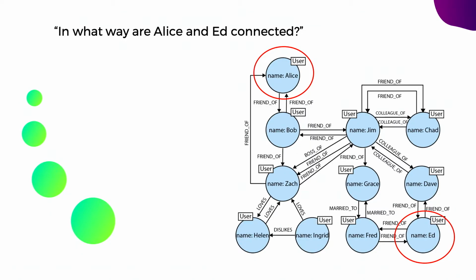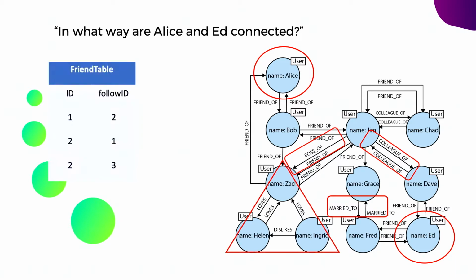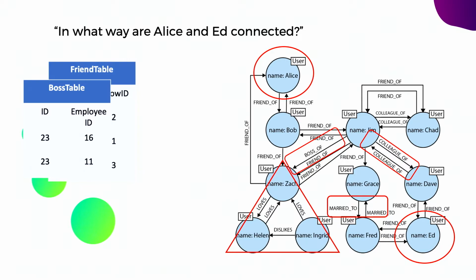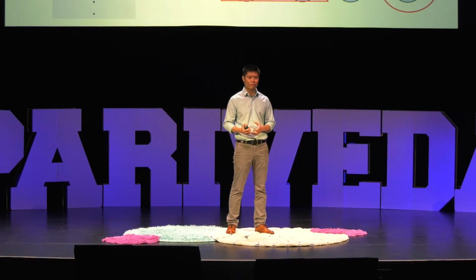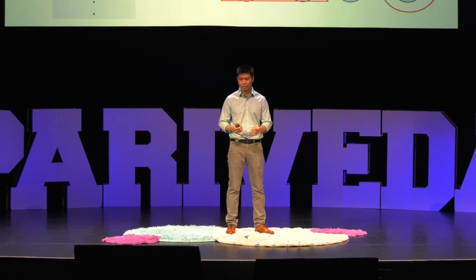As you can see, we are not only dealing with a single relationship, we are dealing with different kinds of relationships, for example boss, friend, colleague, marriage, triangles. All of that will require different tables to store the data. And then we have to join these tables together to hopefully find a path to go from Alice to Ed.